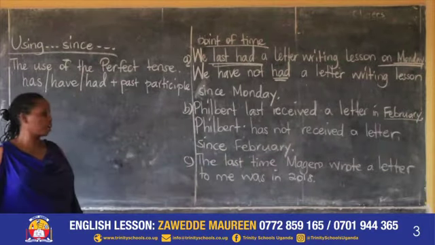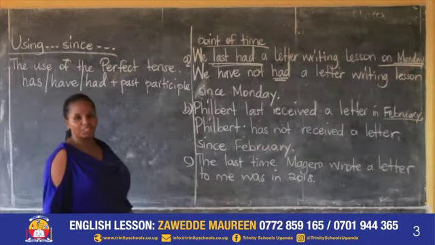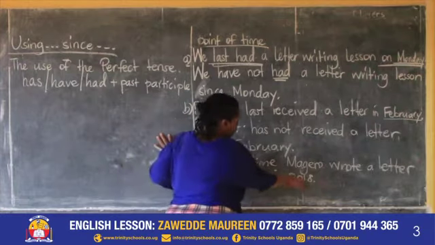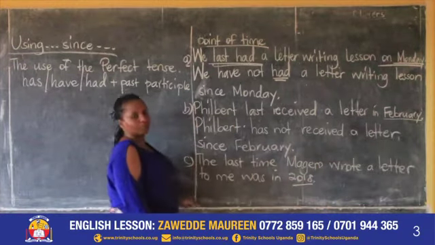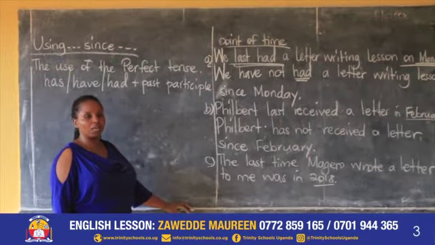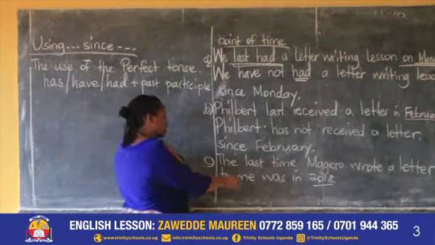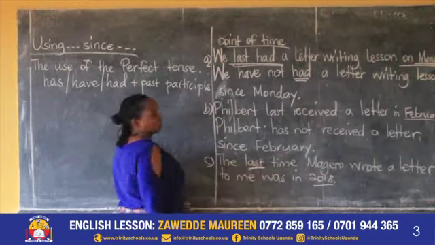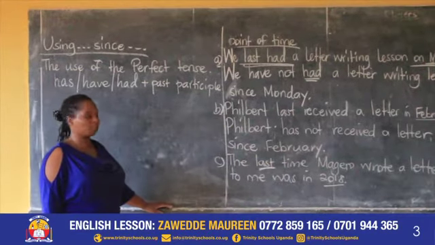The last time Magero wrote a letter to me was in 2018. The point of time when she last did that action was in 2018. And since that time, she has not written any letter to me.